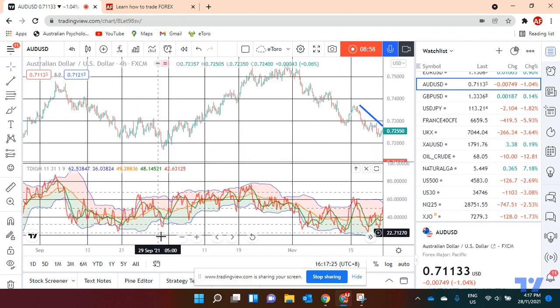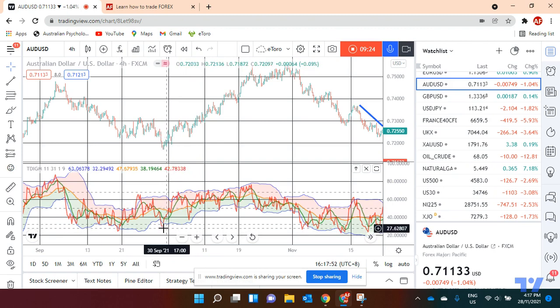Also, another signal we're gonna check here. You can see we are outside the band, so we are below the lower band. Then it goes inside, and also here it crosses over the signal line. So this is a good buy signal.